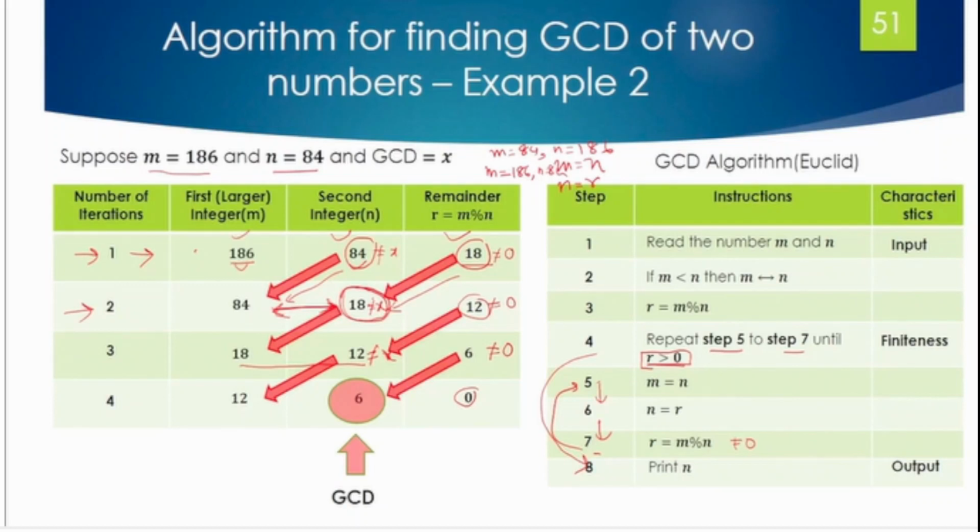Two things we mentioned at the beginning: m may be greater than or equal to 0, but n should be strictly greater than 0. Why? Because if the second argument is 0, then when you divide to get the remainder, you will get an error. So you need to follow these few important features.